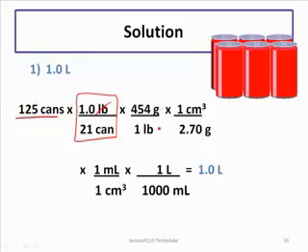And so here would be a conversion factor between a metric and English unit for mass, and you would look this up. 1 pound is 454 grams. Then we can use our density. That gets rid of our pounds.